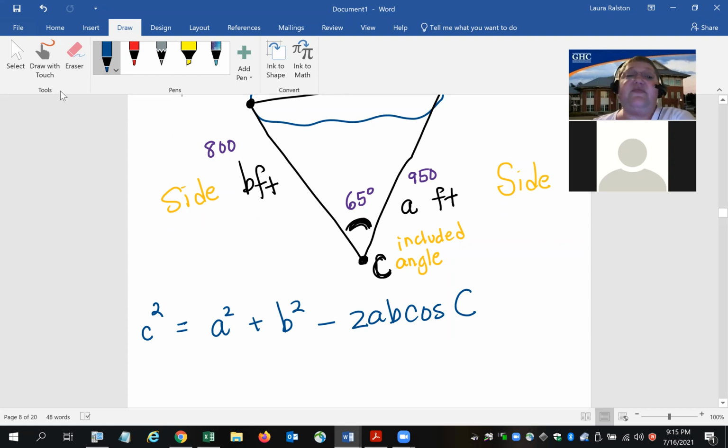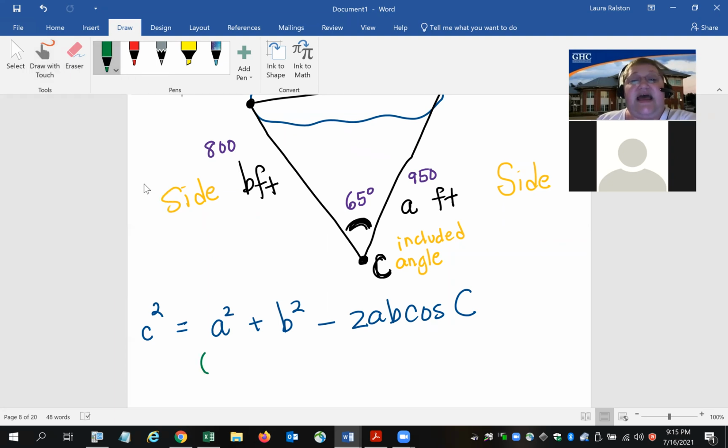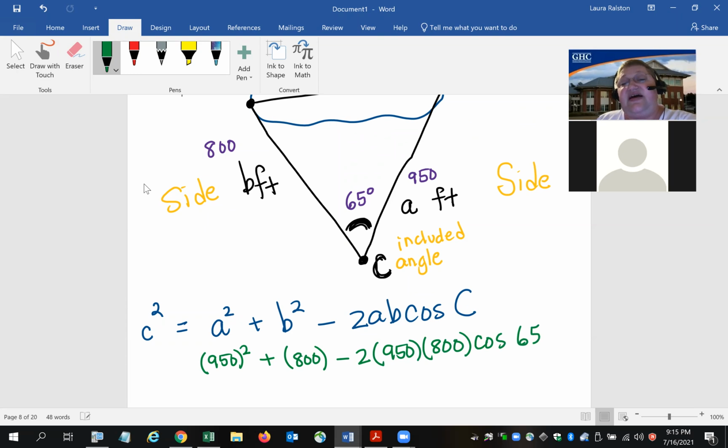And I have enough information that I can plug and chug into that formula. I was told that side A was 950. I was told that side B was 800. Minus 2 times 950 times 800 times the cosine of 65 degrees.